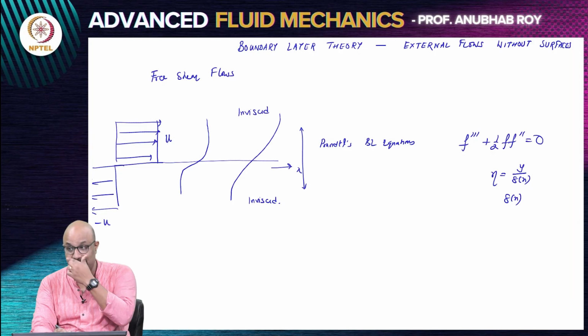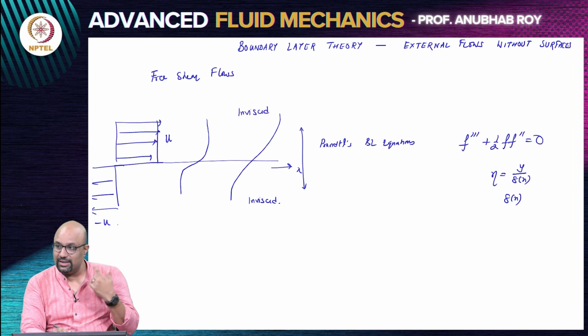If you move with an average velocity, which is (u1 plus u2)/2, then the top stream would move with a velocity in the forward direction and the bottom stream is going to move with the exact velocity in the opposite direction, right. So, you have gone to a reference frame which is moving with the average velocity of the stream.